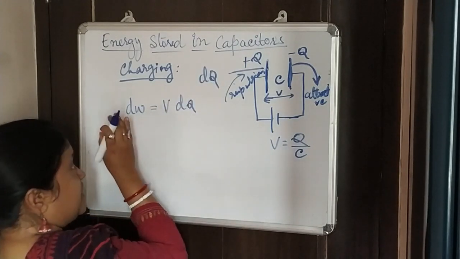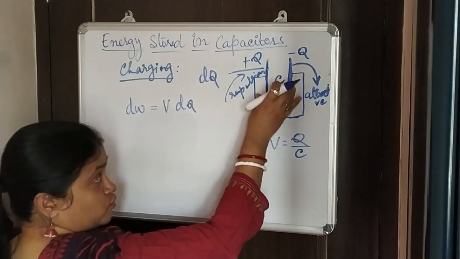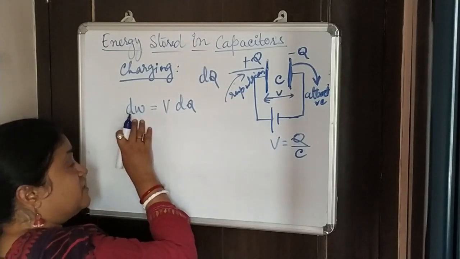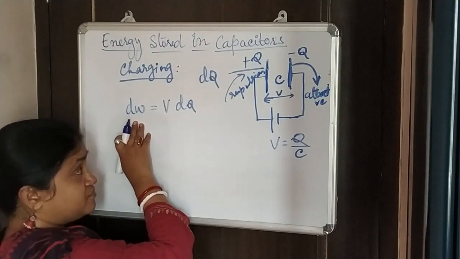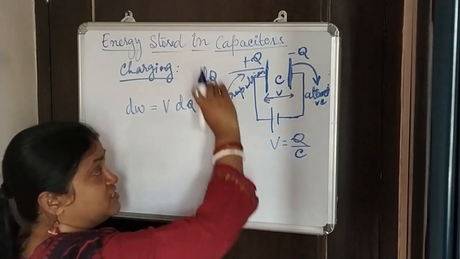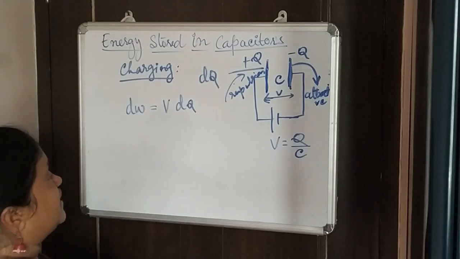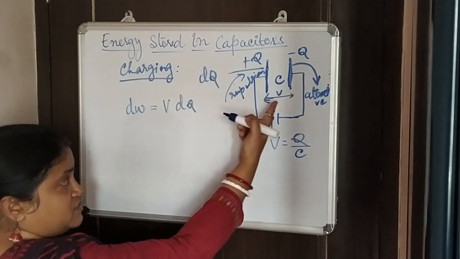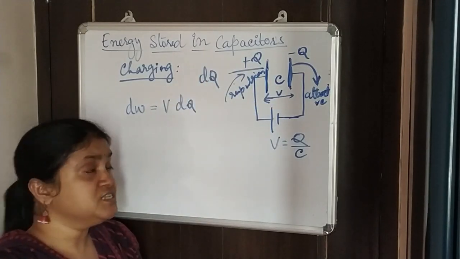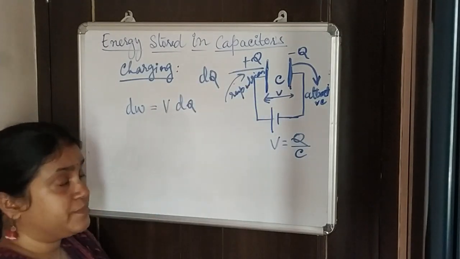So if we have to calculate the energy stored in the capacitor, the first thing we do is calculate the work done by the battery, which is getting stored in the capacitor. This work done is the potential difference across the plates times the dq amount of charge, which is bit by bit getting stored in the capacitor.